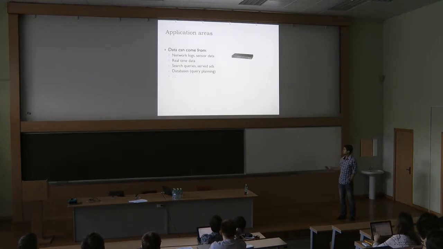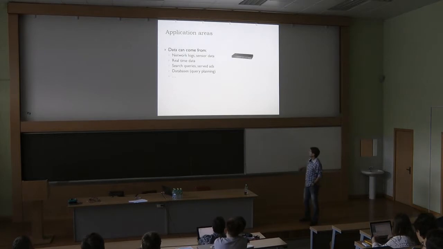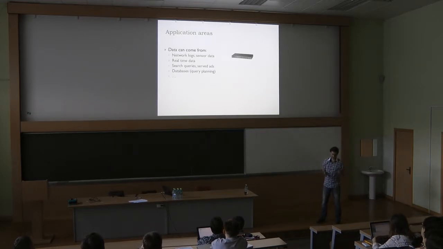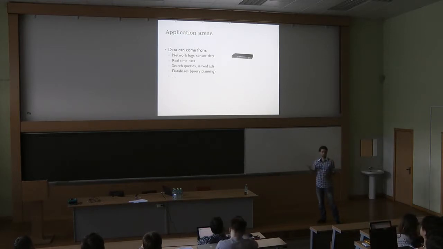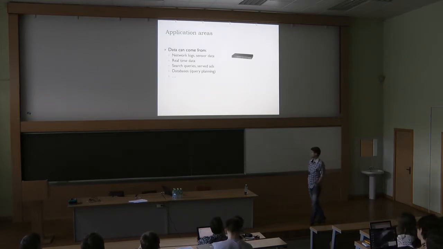So what is the data? Data can be whatever is written here. I guess network logs, as I was explaining so far. Sensor data, real-time data. Maybe search queries. I talked to a company who do this for doing statistics on serving ads, for example. So you have a lot of internet events, and you want to get a sense of what has happened.